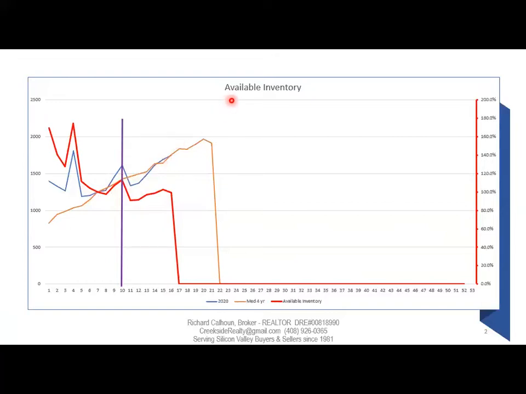My definition of available inventory is it's on the market, it's active, and there's no contracts of any kind on that property. So the first buyer in with a good offer, the seller could theoretically sign it. A lot of people include contingent offers where there's already a contract, and in order for a new buyer to come in and buy that property, they have to get rid of the first buyer. Very few buyers are participating in that. Because very few buyers participate in that, I don't really consider that inventory.